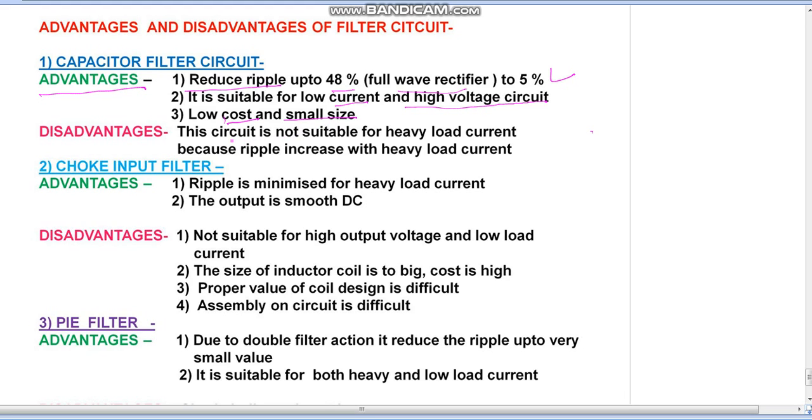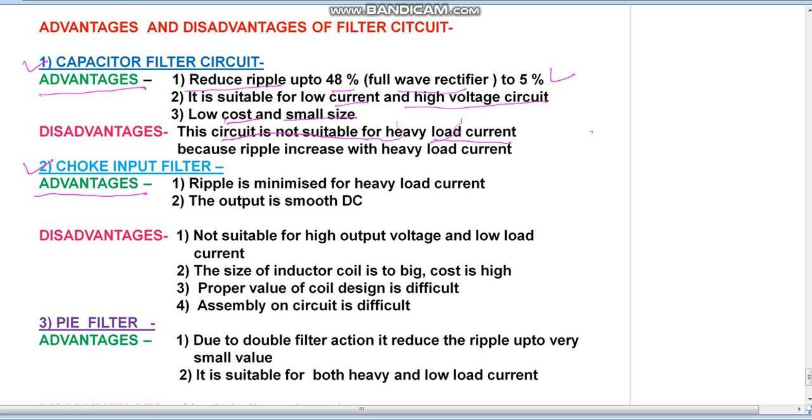The main disadvantage of the capacitor filter circuit is that it is not suitable for heavy load current. So it is not used for heavy load current. Now the second filter circuit, that is the choke input filter circuit.